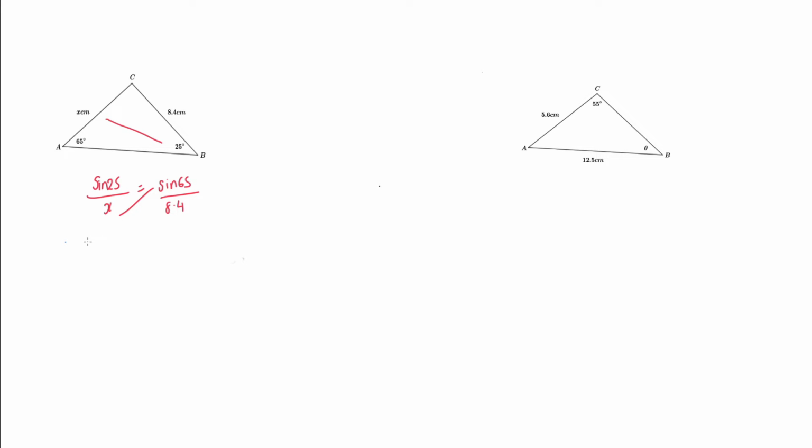Then you cross multiply, so x times sine 65 equals 8.4 times sine 25. Because you want to find x by itself, x equals 8.4 times sine 25 divided by sine 65. If I put that in the calculator, that should give you 3.92 centimeters.